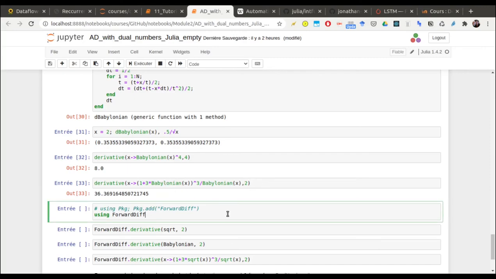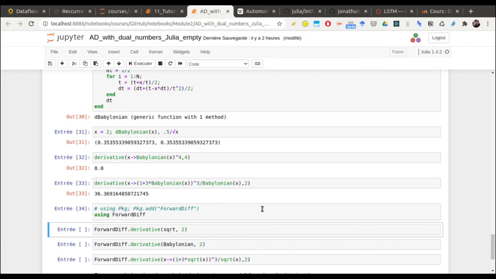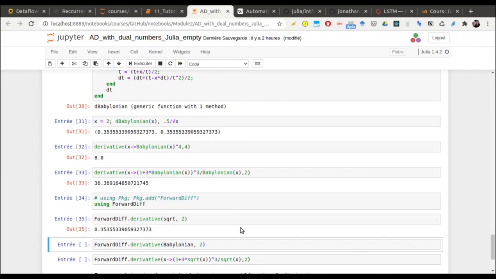It turns out that there is a package in Julia doing exactly this computation, automatic differentiation using dual numbers. It is called ForwardDiff. So now instead of using my implementation of Babylonian, I'm using the implementation done in this package.